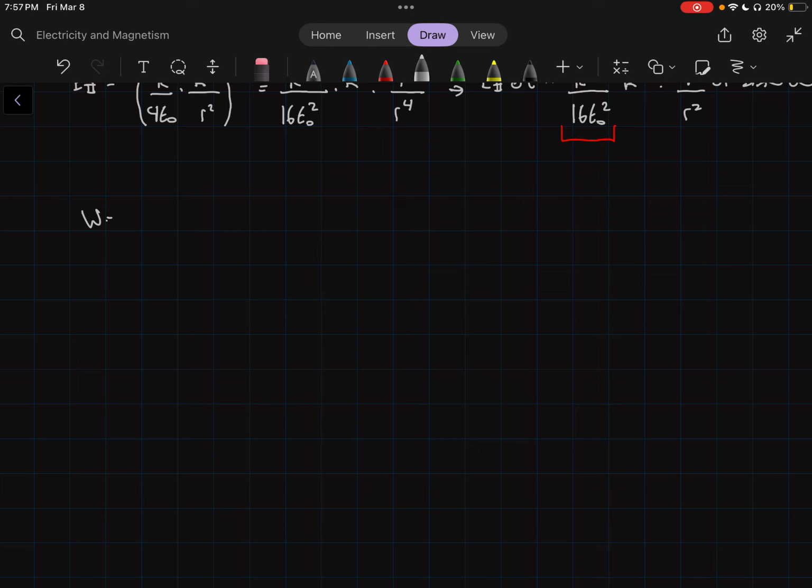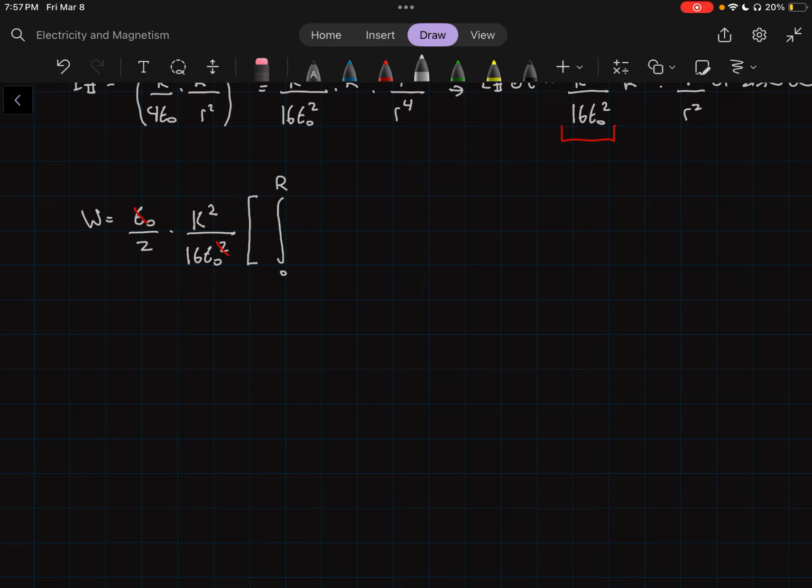So you can say the work is equal to epsilon naught over 2 times k squared over 16 epsilon naught squared, where right away we can see that cancels, and that will be multiplied by the integral from 0 to r.